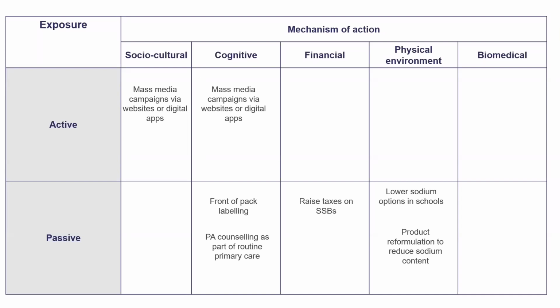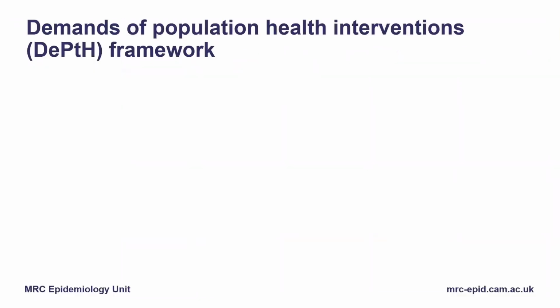So instead of just having to choose a cognitive mechanism, we can assign menu labeling to both sociocultural and a cognitive mechanism. That might apply to lots of the different intervention examples that I've used, but I'm just illustrating at this point. And there are also approaches like this to account for the fact that interventions often have multiple components and different recipient groups as well.